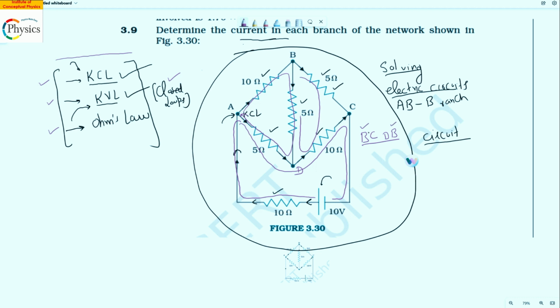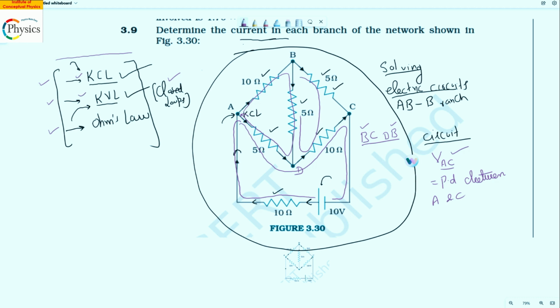So you will get a lot of questions in which you are always asked to calculate the current in each branch or the potential difference. Maybe they ask you to calculate the potential difference between A and C, right? A and C. Even to find the potential difference across two points in a circuit, you need to know these three techniques.